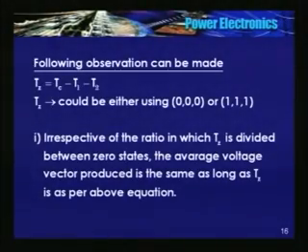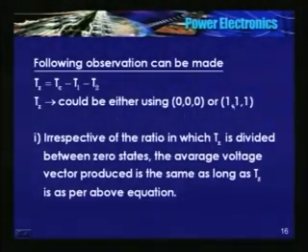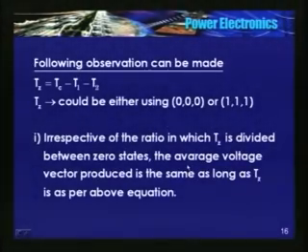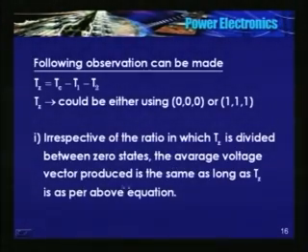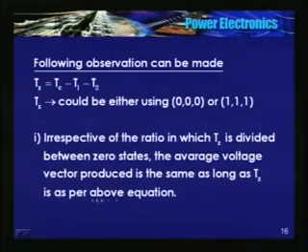I will make another statement: irrespective of the ratio in which Tz is divided between the 0 states, the average voltage vector produced is the same as long as Tz is as per the above equation. I will repeat, what does it mean?